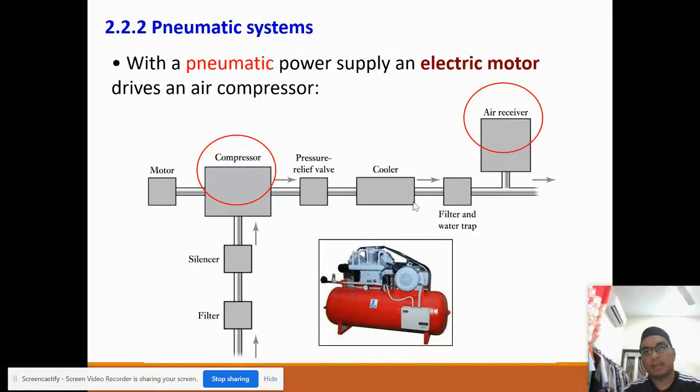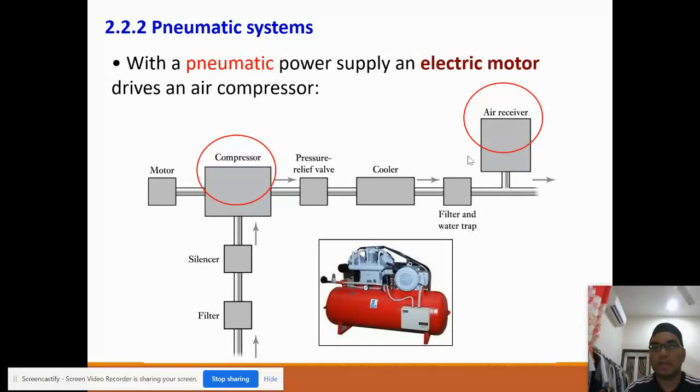Then we go to the filter and water trap, to remove any contaminants, before it sends cleaner air to your actuator system, so that it can move more uniformly.